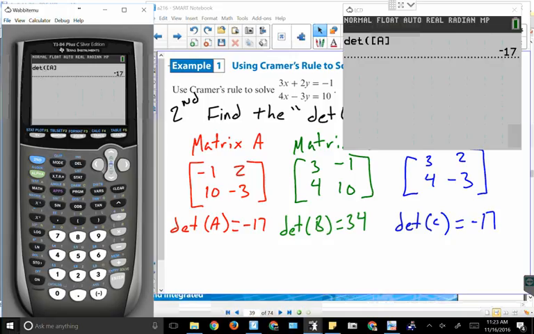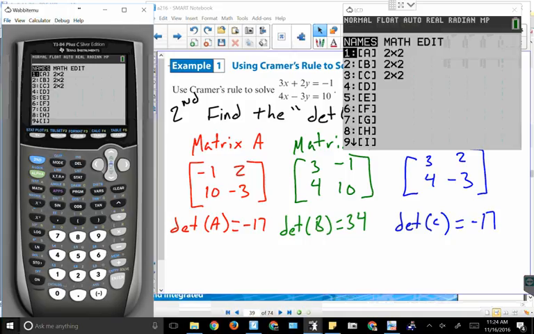So for matrix B, here we go. Ready, Noah? Okay, so did you get matrix B taken care of? Okay, so now we're going to hit second key. Then we hit that X to the negative 1, so we get into our matrix again, right?